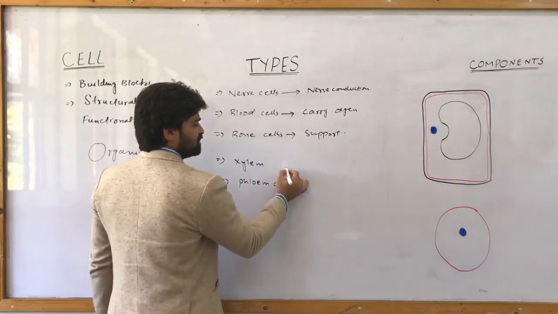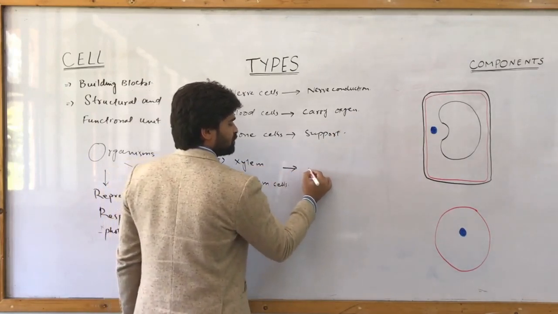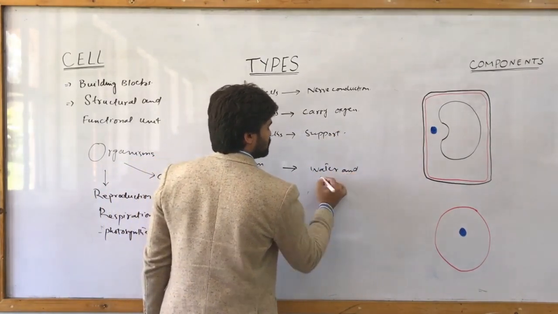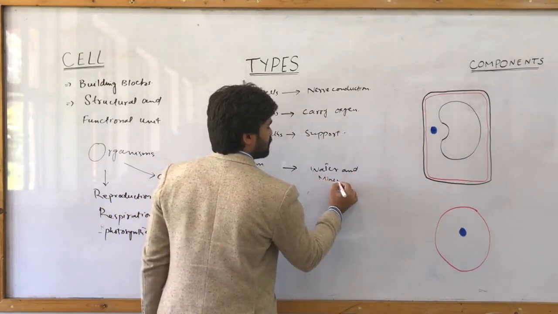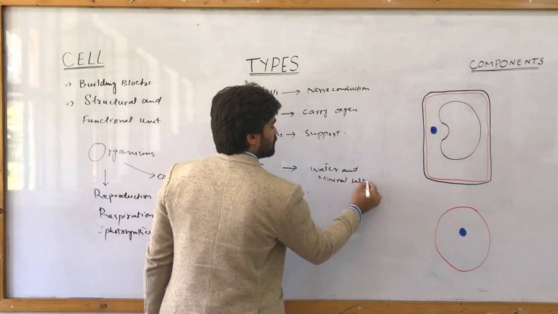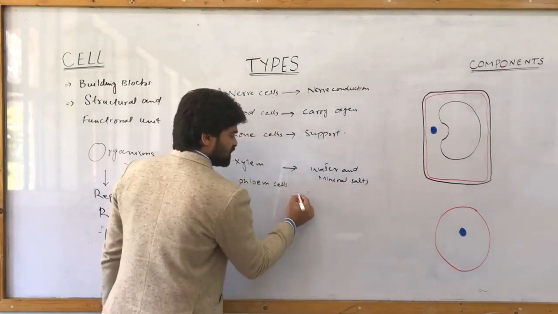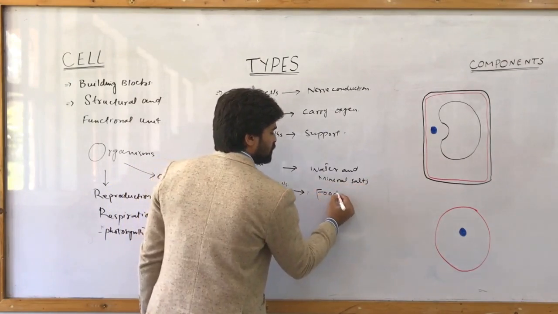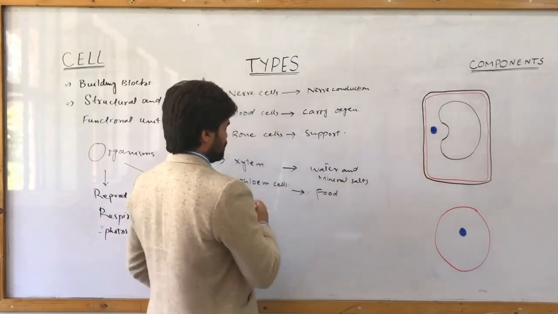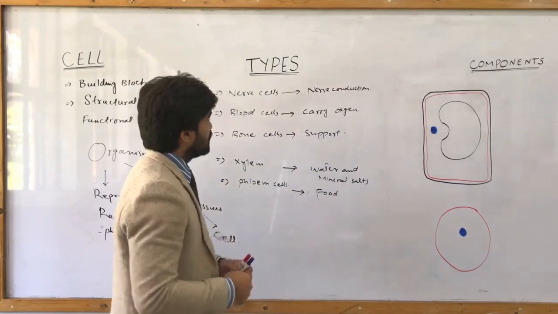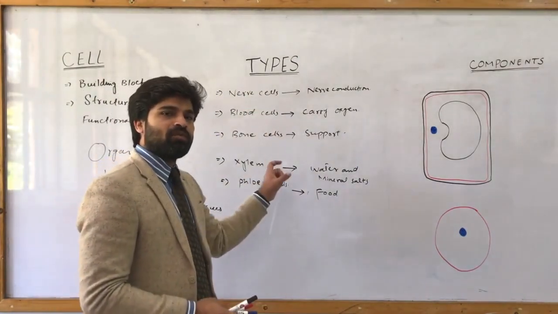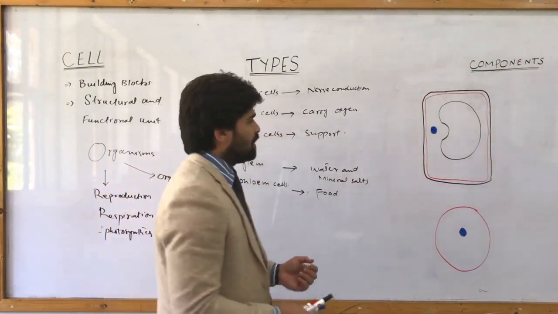Xylem cells in plants transport water and mineral salts. And the phloem cells transport food to the other parts of the plants. So those were the different types of cells, and they perform different functions.